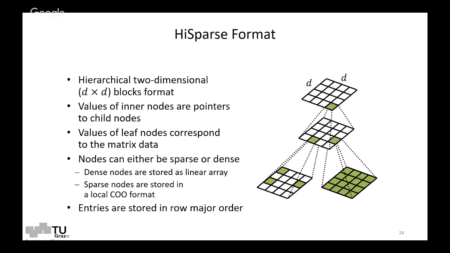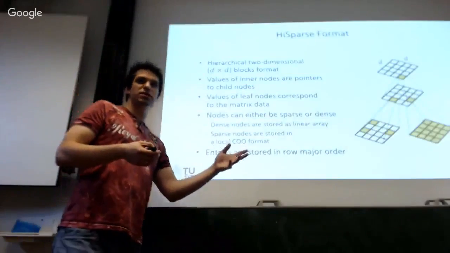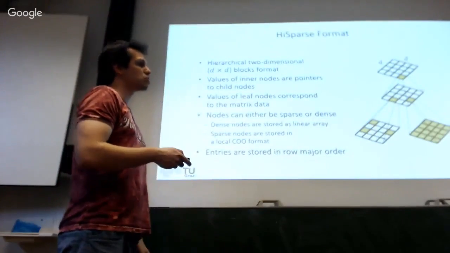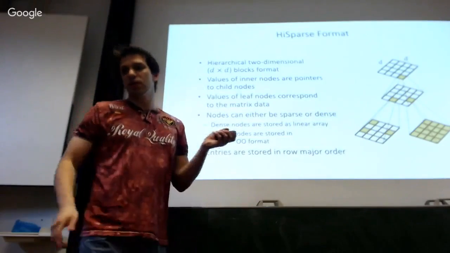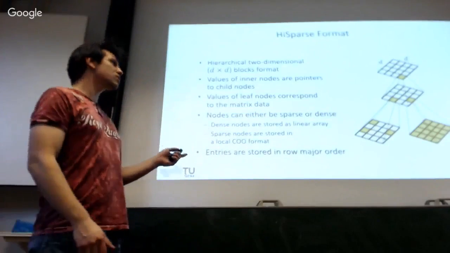We can then store the data for these sparse nodes in a local format, which is just the coordinate format again. And we also support dense nodes, so we just store the entire data in a linear way. So this is the overall idea.